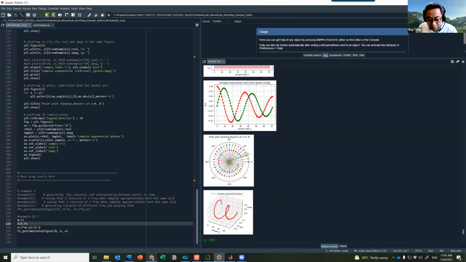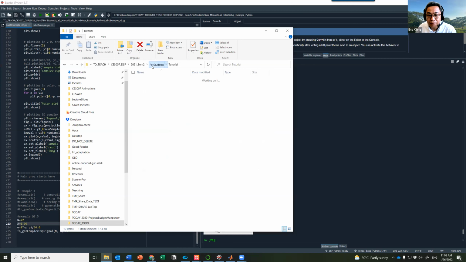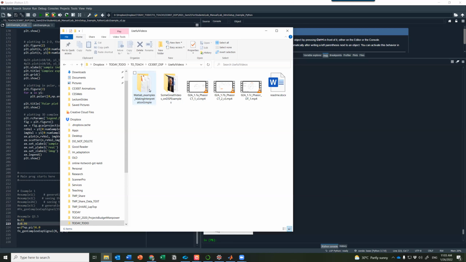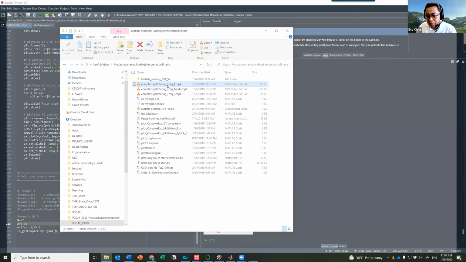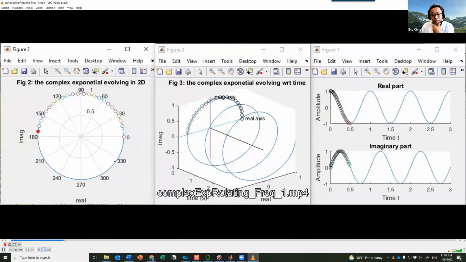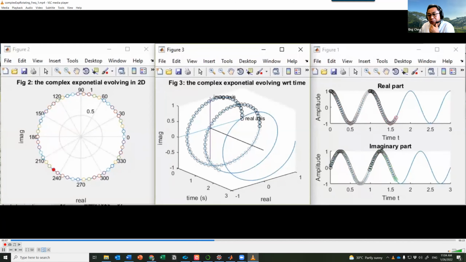All right, now I'm going to animate this. I'm going to show you this. This figure is the 2D plot. As it is running, I'm showing you the 3D plot that is running at the same time, and then the real part and the imaginary part.